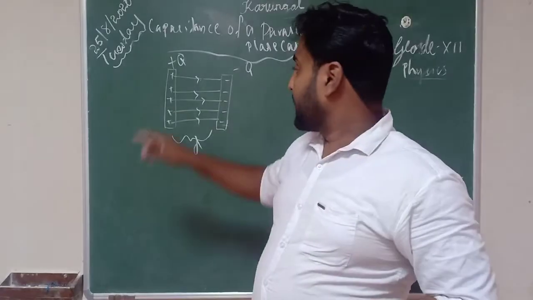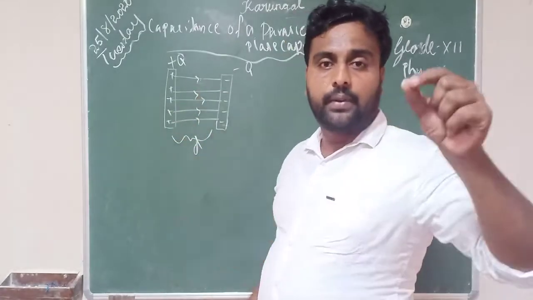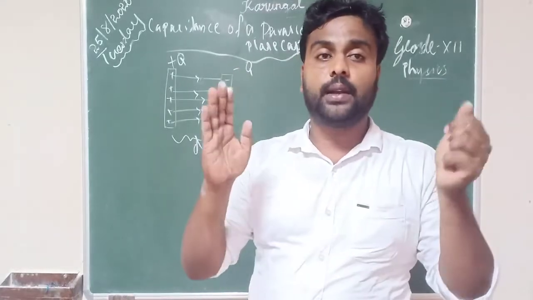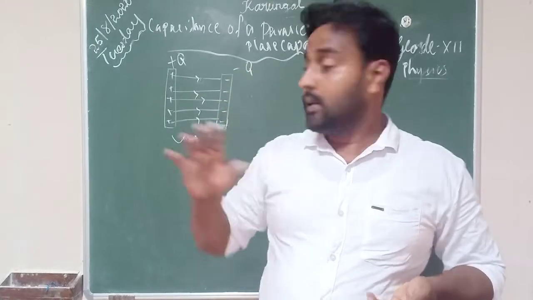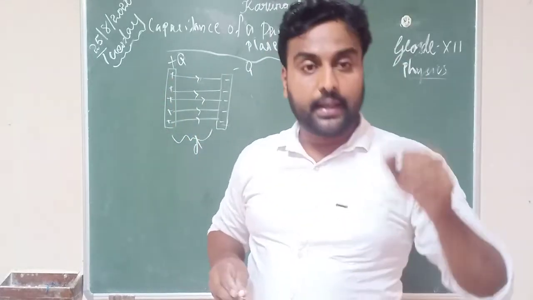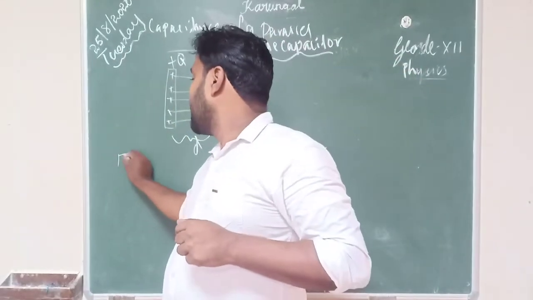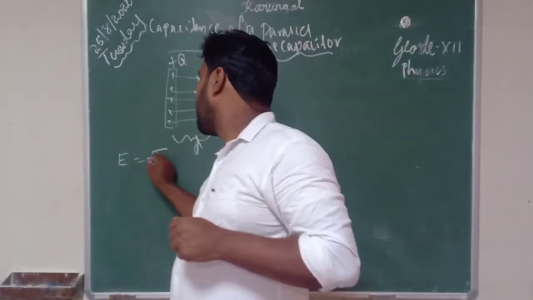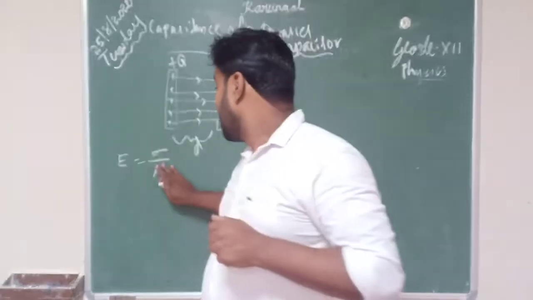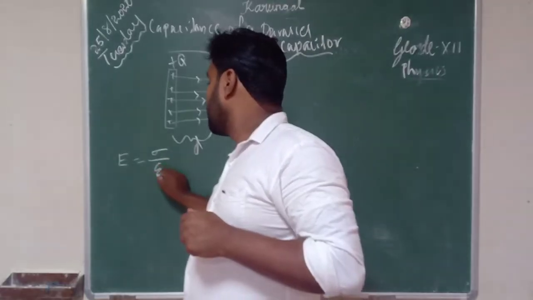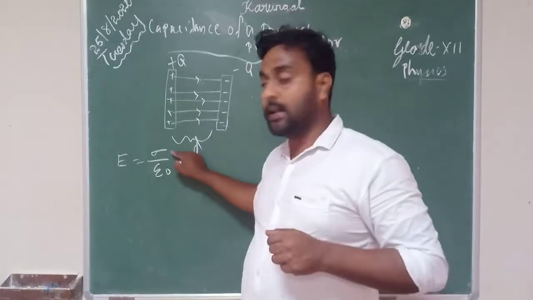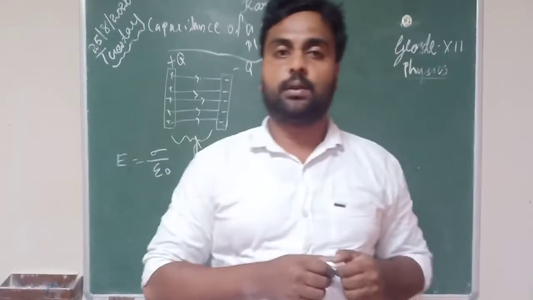Then you see the electric field between these two plates is uniform. So you can write the relation E is equal to sigma by epsilon 0.